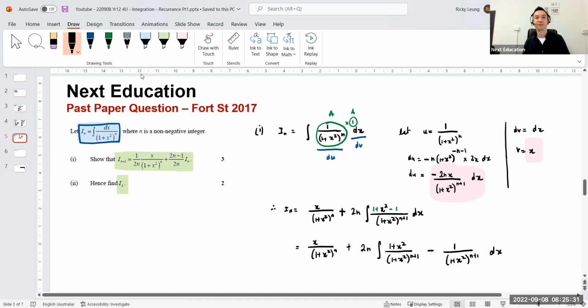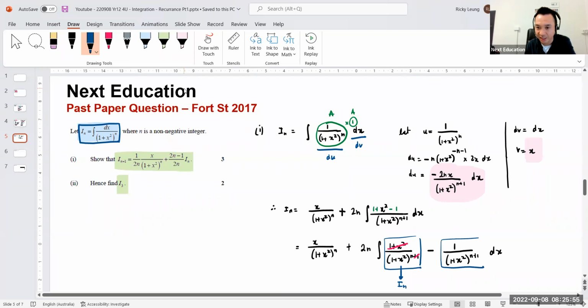Now, for those that know, the next steps are pretty straightforward in that this cancels out with the +1. What do you get? You get this guy, the integral of which looks exactly the same as the original with the same power of n. This guy is I_n.